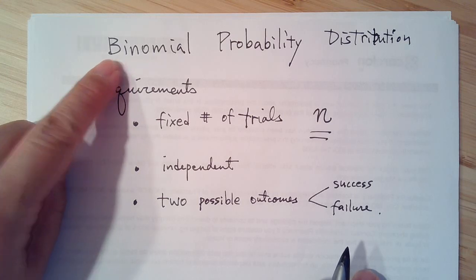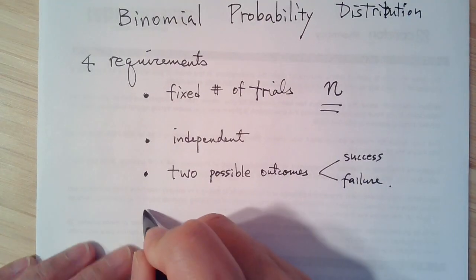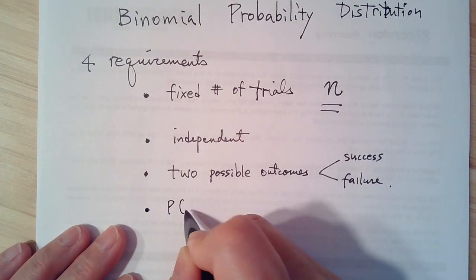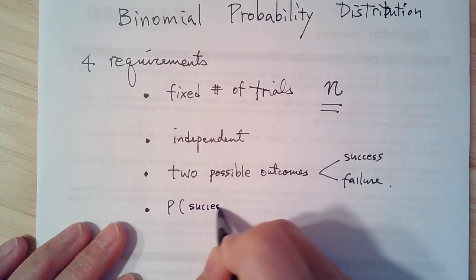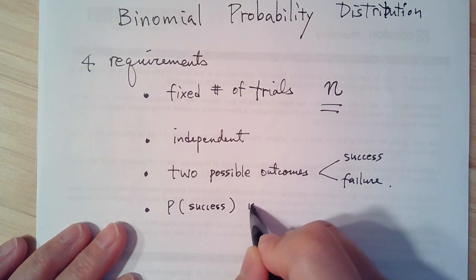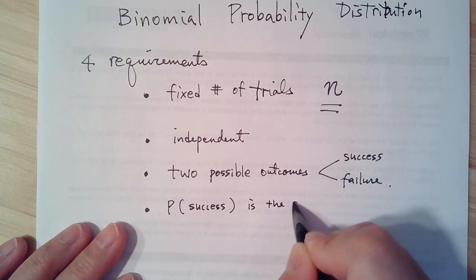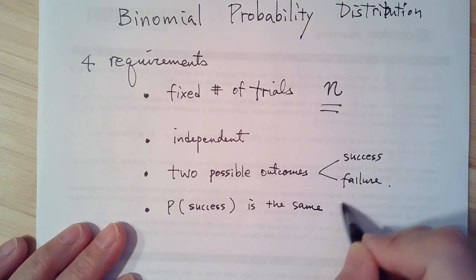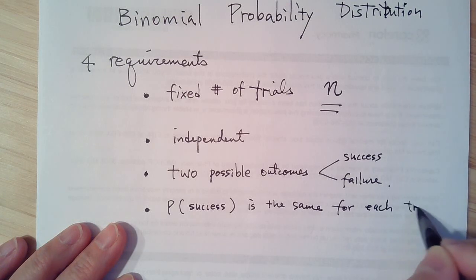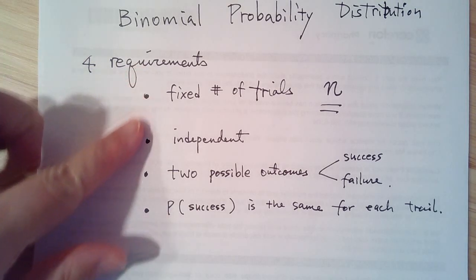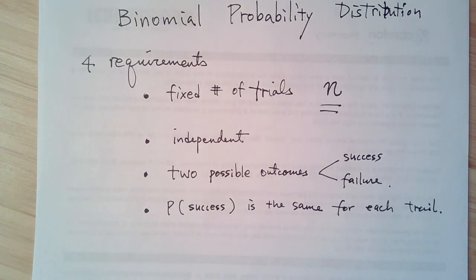This bi means there are 2 possible outcomes. And the last one, the probability of success is the same for each trial. So that's the 4 requirements for the binomial probability distribution.